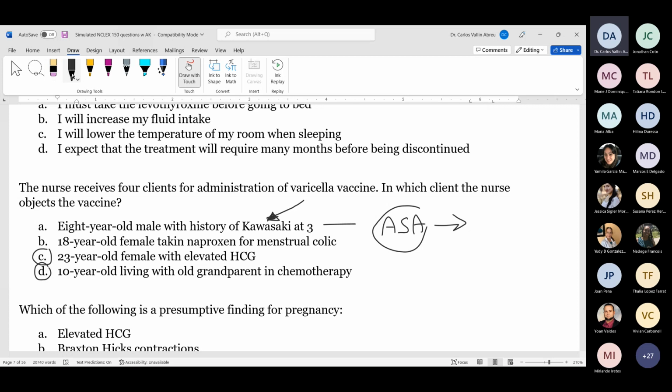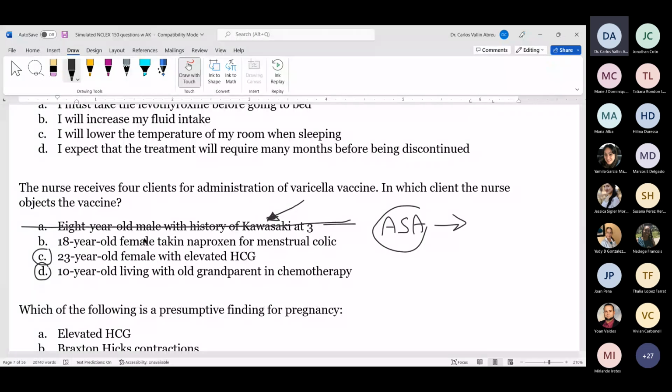This is my defense that this option should be eliminated, because it's a distractor for those people who know that there could be a problem in patients having Kawasaki disease and some vaccines.